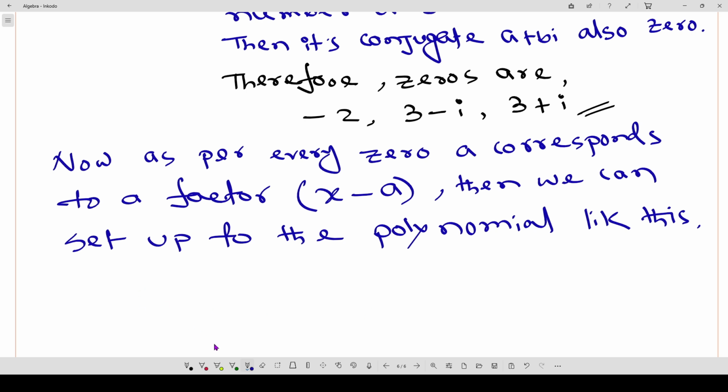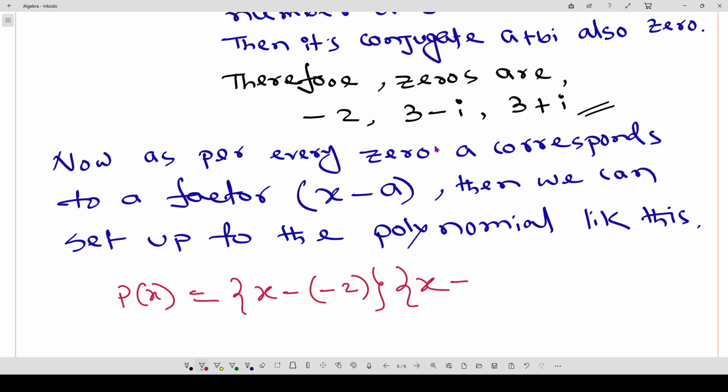I am solving this math step by step. For -2 we write x minus minus 2, next x minus (3 minus i), next x minus (3 plus i).